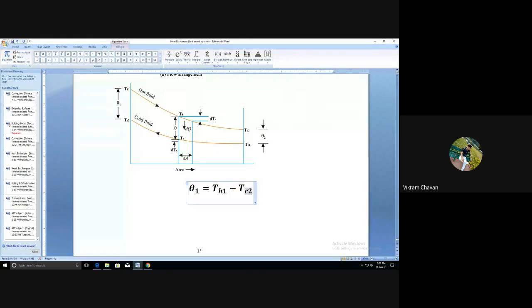T suffix H1 is 180 and T suffix C2 is 80, so it will be equal to 100. So theta1 will be 100. In a similar fashion, we have to calculate theta2 for the counter flow.